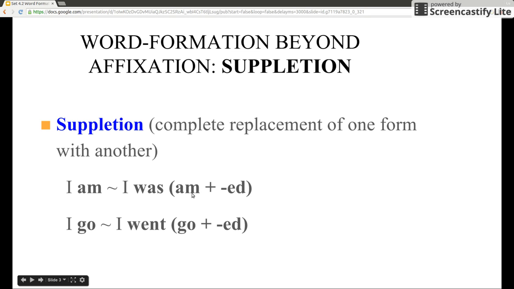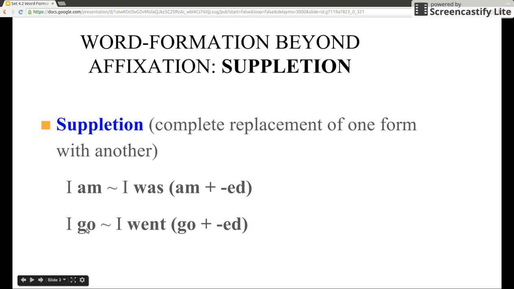The original, the regular form would be am plus ed. Then we have something like this. However, in English we have this suppression alternation. Am becomes was, which means that the internal structure of this morpheme is not visible.